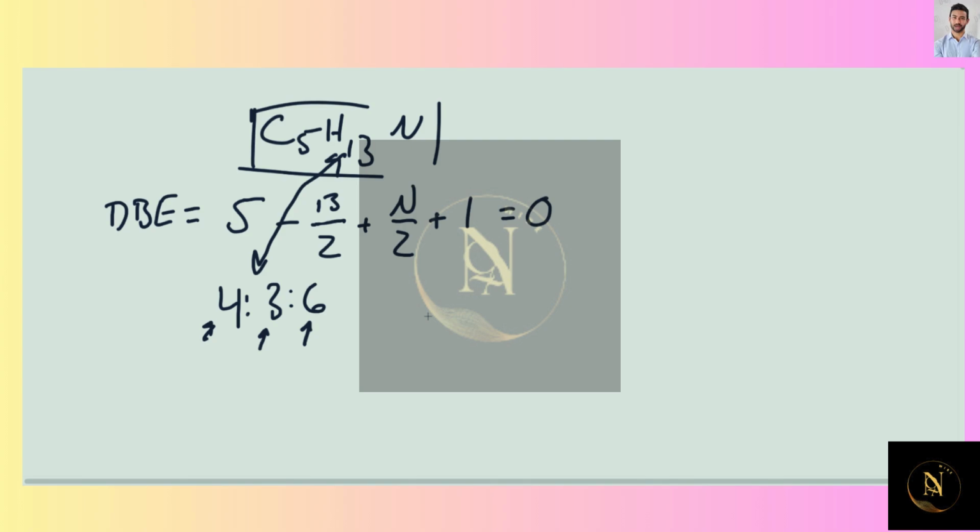We also know from the fact that we've got 3 peaks that we have 3 sets of chemically equivalent hydrogens, so it starts to rule things out. We couldn't have a chain of 5 carbons and then an NH2. We would expect too many peaks: 1, 2, 3, 4, 5, 6 different hydrogens, and we've only got 3 signals.